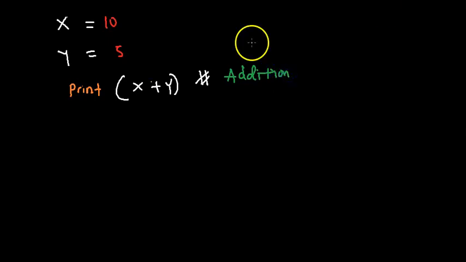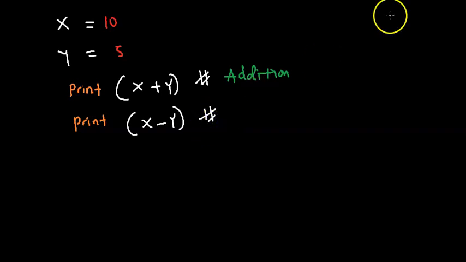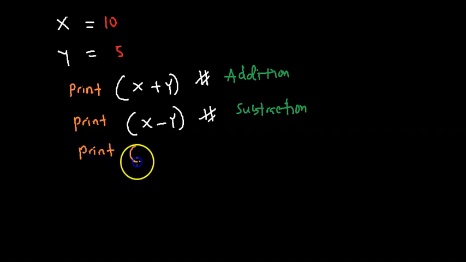The next one is going to be print, open bracket, x minus y, and our hash symbol. And notice that this is going to be subtraction. Next is going to be print, open bracket, x multiplied by y, and here we're going to have a hash symbol, and this is going to be multiplication.